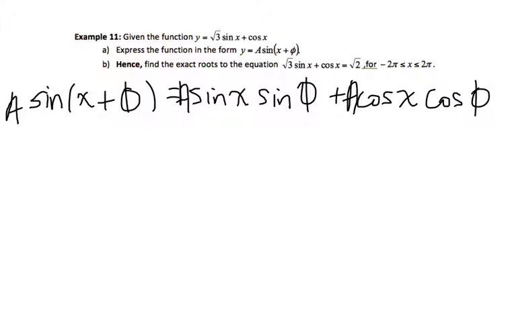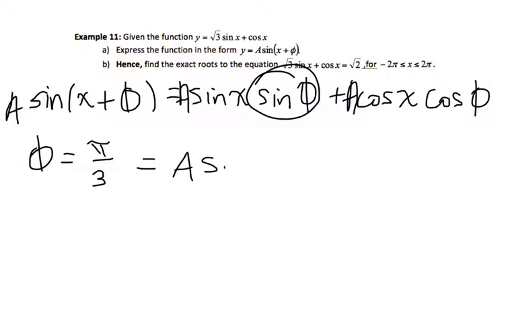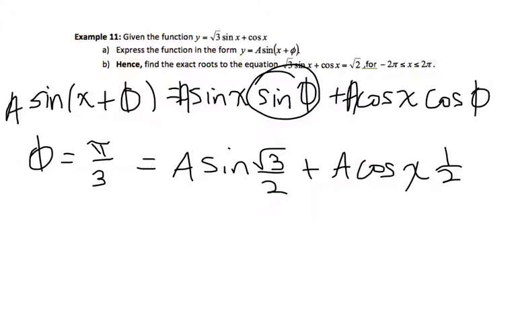So when I am thinking about this, clearly I'm thinking about that root 3 tells me that my phi, if I let phi be pi over 3, then I would end up with a sine root 3 over 2 plus a cos x of 1/2.